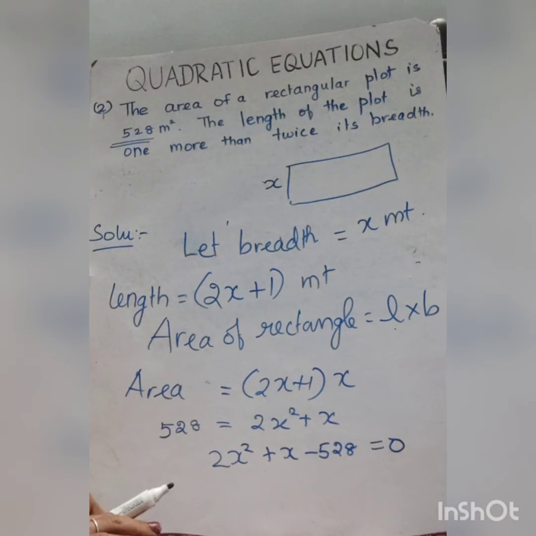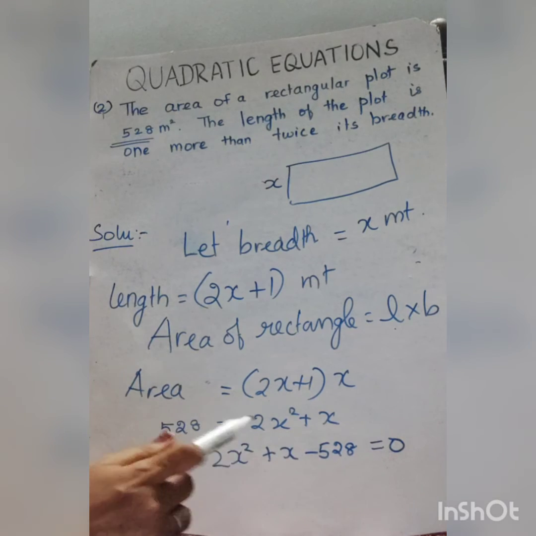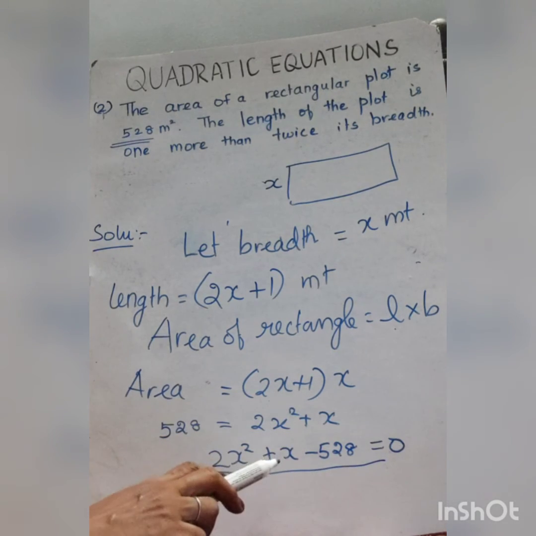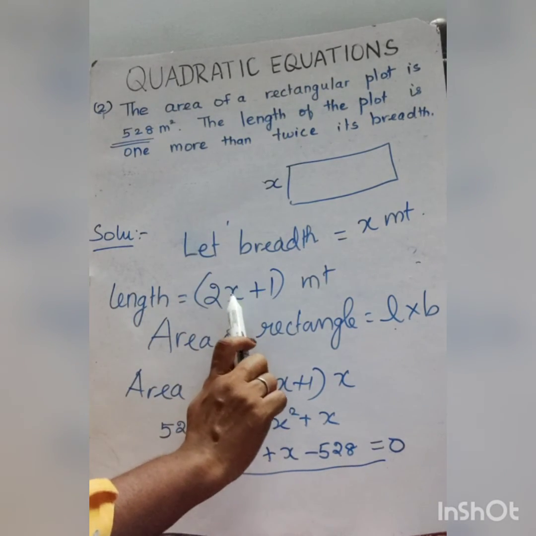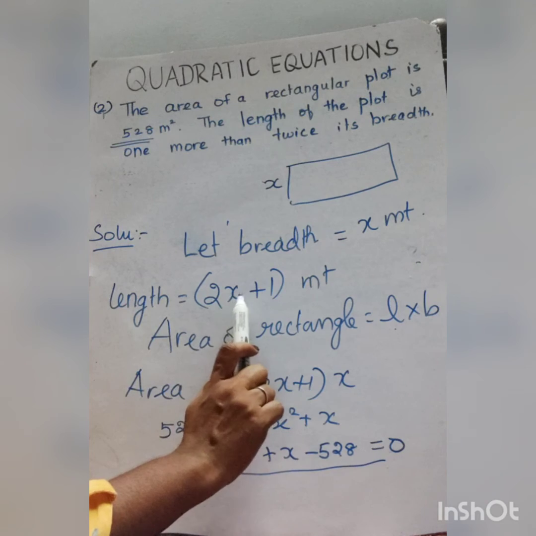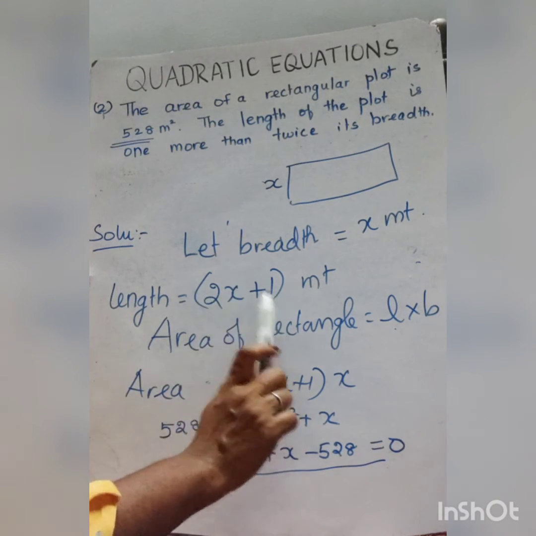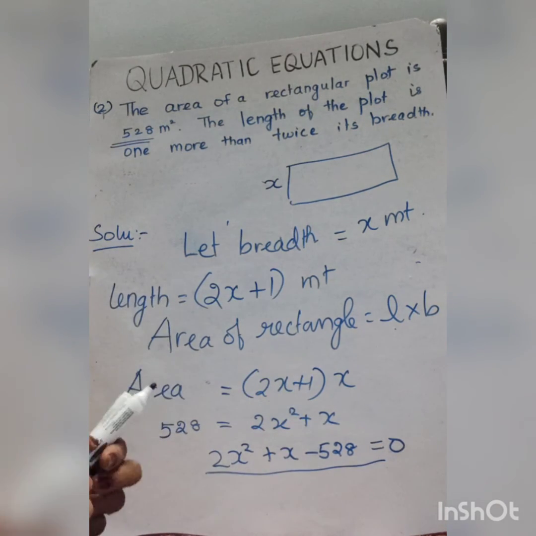This is quadratic equation. So the same problem, once we solve this equation, we get the value of x. So that is going to be the breadth, and after getting x value, 2 into x value, plus 1 is going to be the length of this rectangular region.